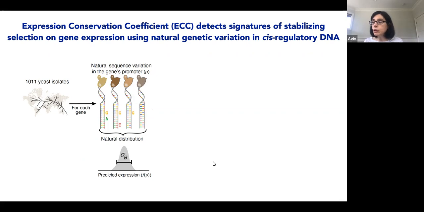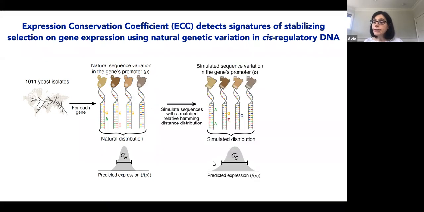First, we're going to take a collection of orthologous native promoters from the strains, and we're going to use our model to predict expression for each of them. This is going to give us one variance that we will call sigma B. Next, we generate another set of sequences by adding random mutations to the natural sequences while keeping an overall matched distribution of relative Hamming distances.